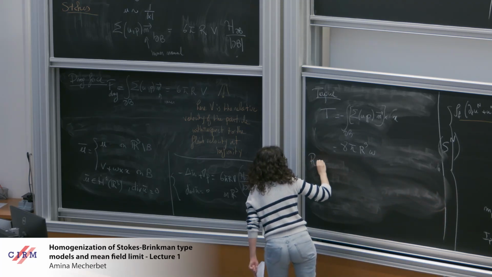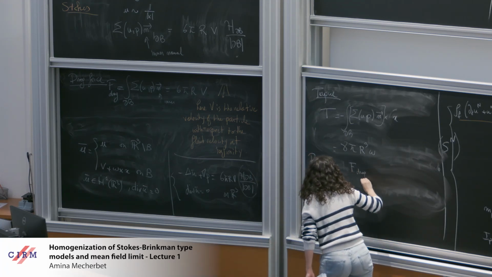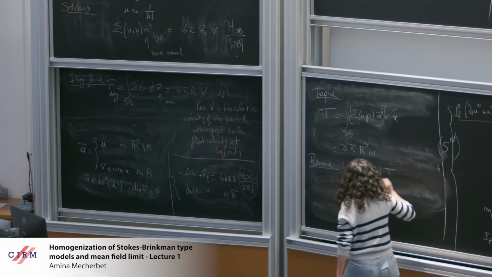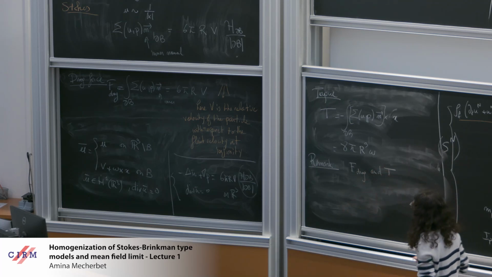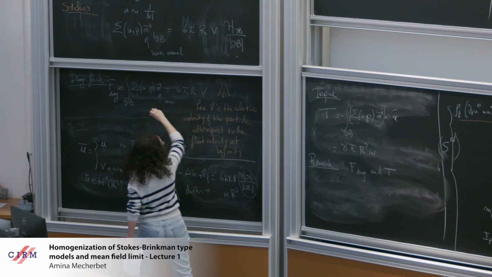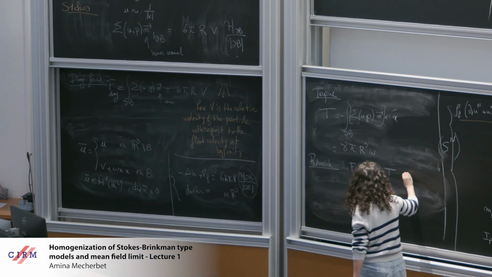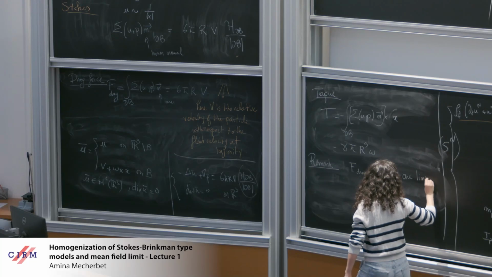So maybe a remark. The drag force and the torque are linear in terms of the velocity, right? I mean, this is linear in terms of u, and this also, so that we can prove that these are linear in terms of v and omega.